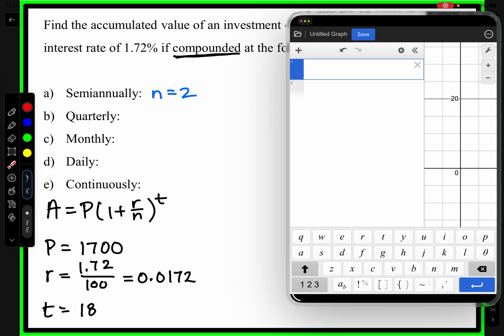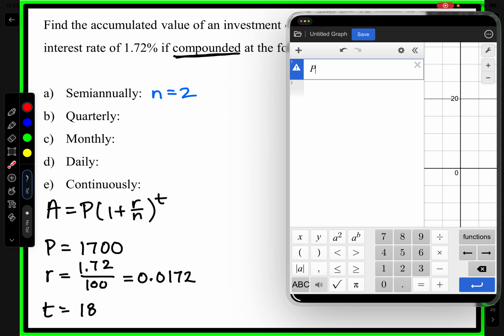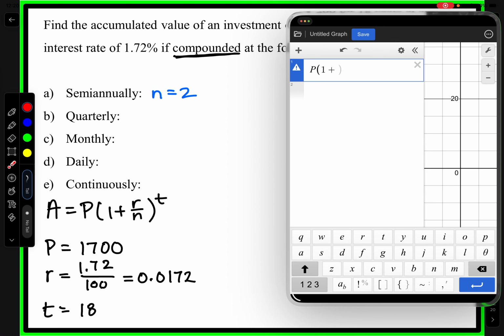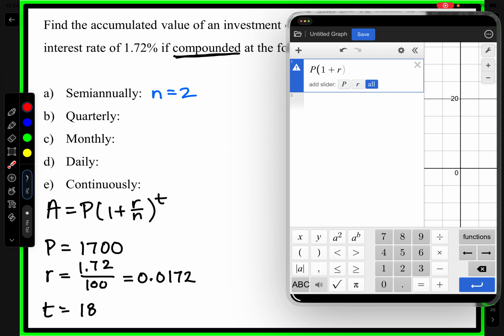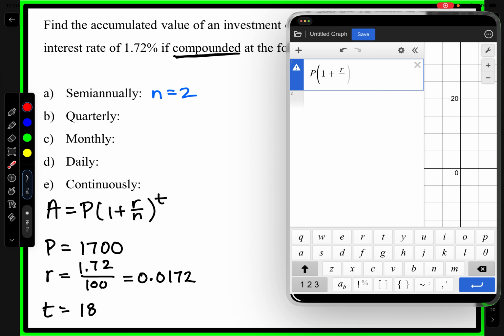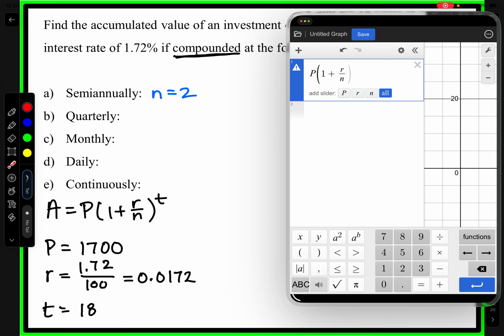So I'm going to write in the capital P, parentheses, 1 plus R, divide that by our N value, close those parentheses, and the exponent is going to be T times N.